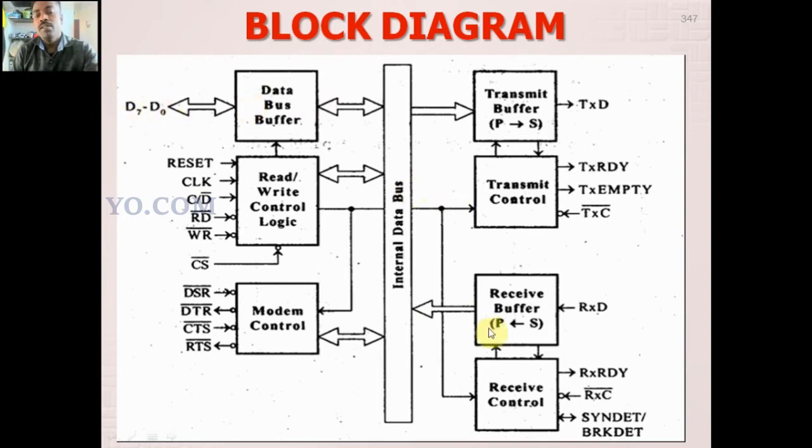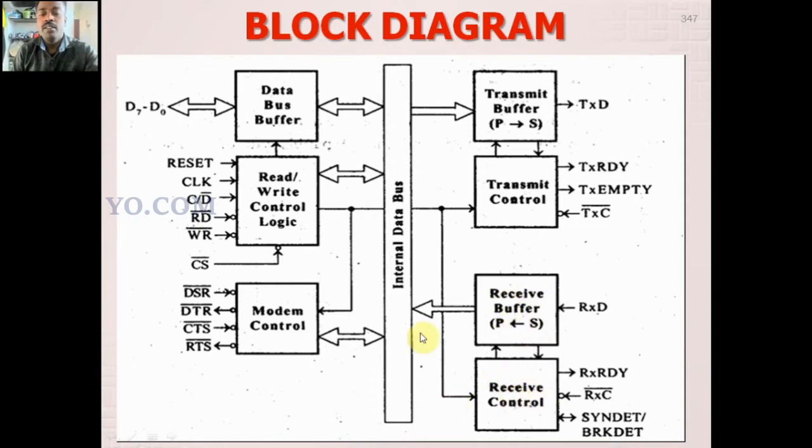So the microprocessor sends and receives data in parallel. The parallel data is converted to serial form when the microprocessor transmits the data, and the serial data is converted into parallel data when the microprocessor receives the data. The receive buffer is controlled by the receive control.